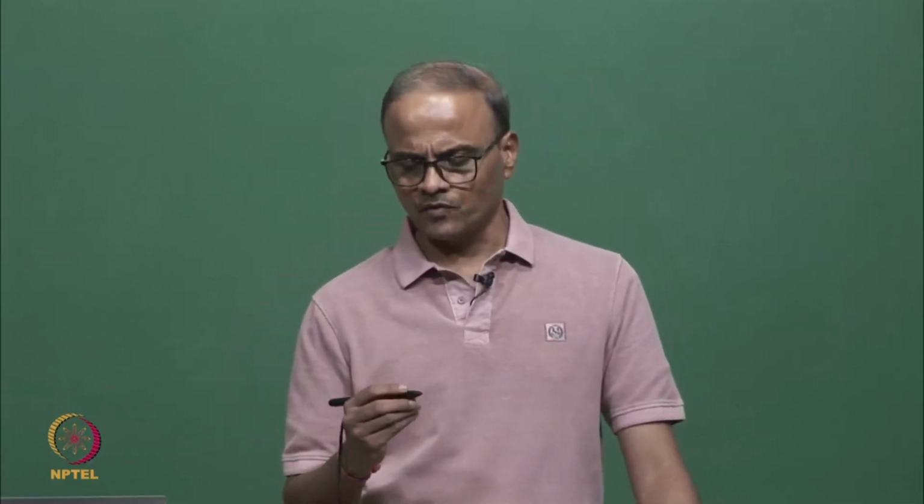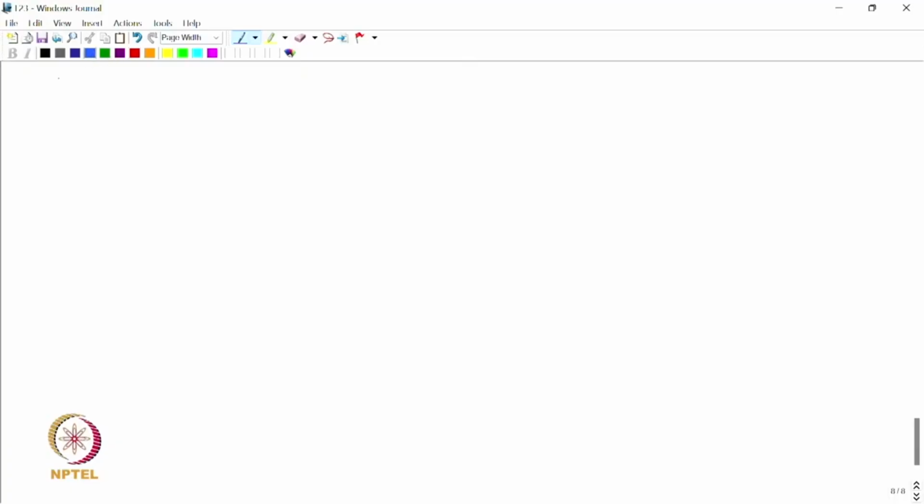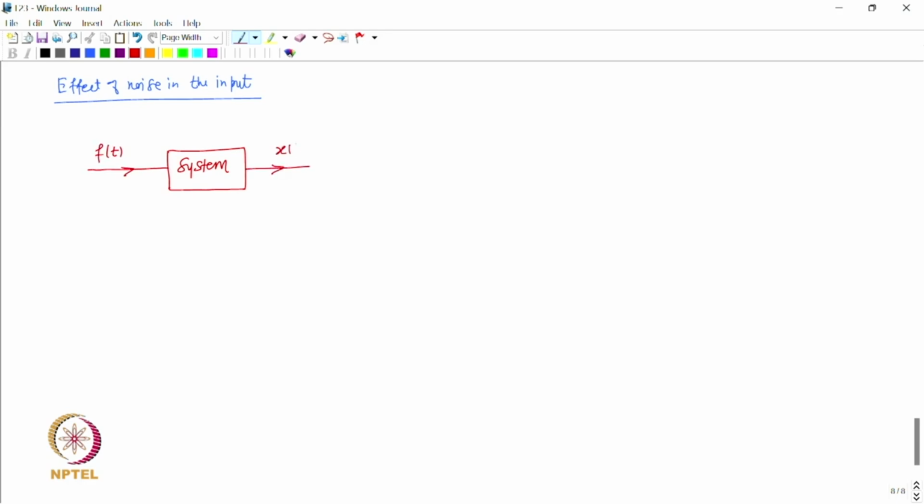Let us see what is the effect of noise in the input on these estimates. So now what we have got is this system like this, and then we have this force f of t being applied, and that causes the response x of t.